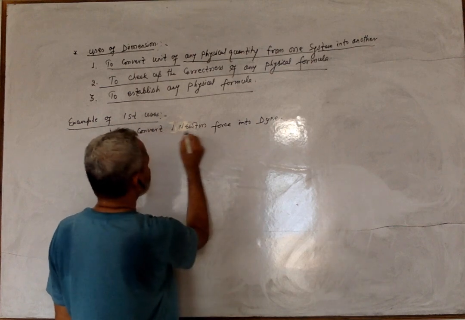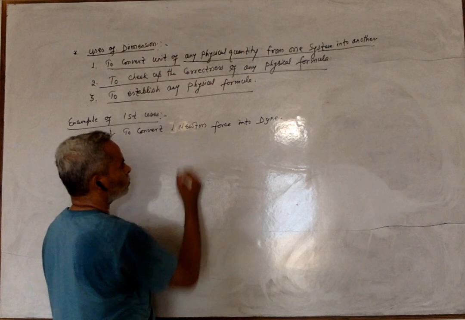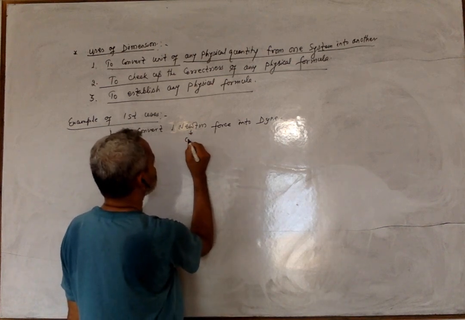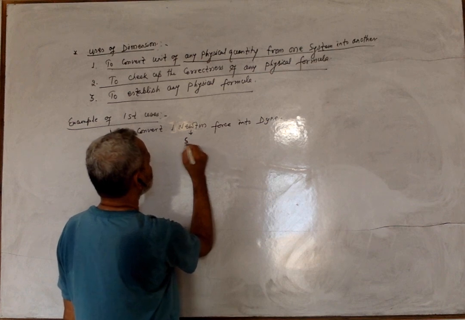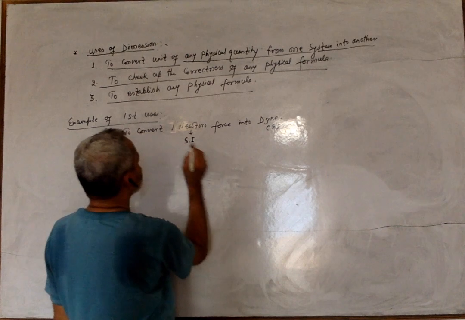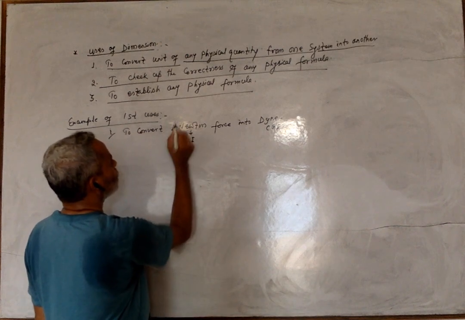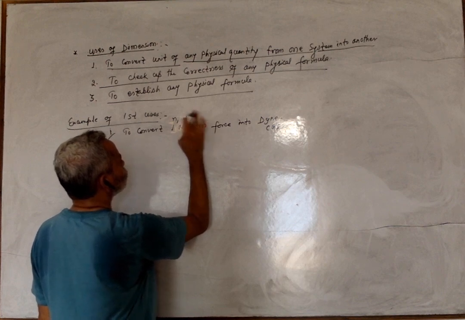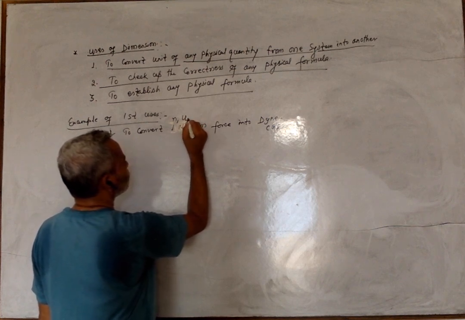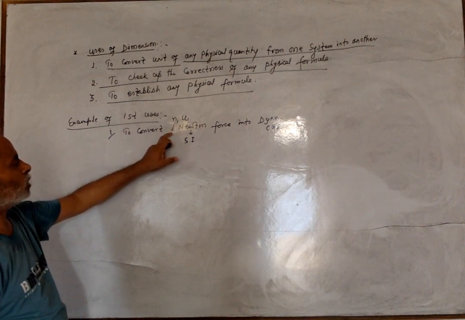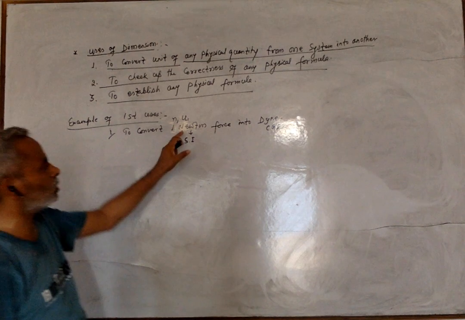Newton is the unit of force in SI, and dyne in CGS. Here the numerical value is N1 and the unit is U1: the unit is Newton and the numerical value is 1.